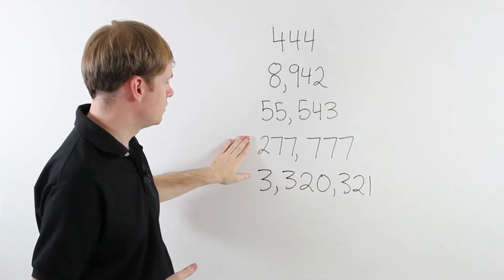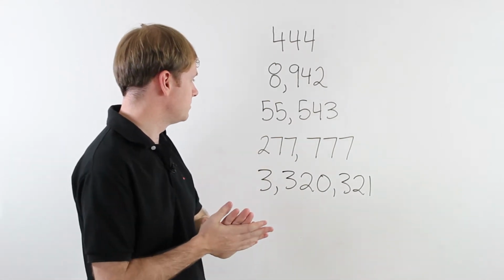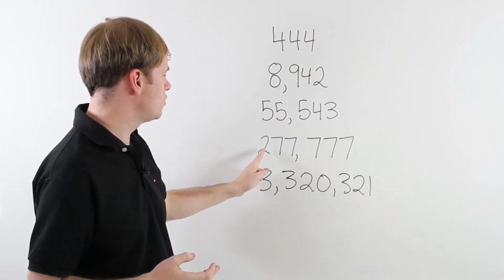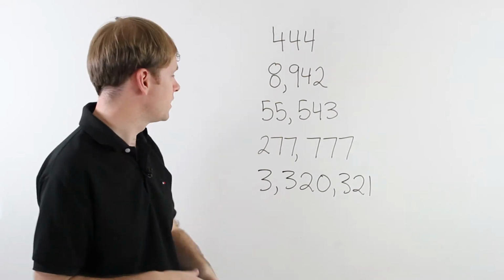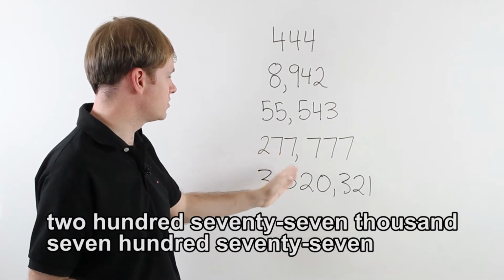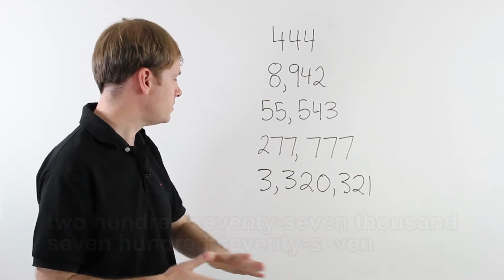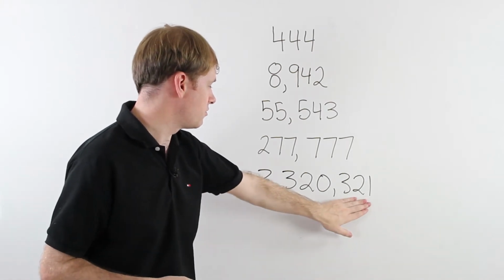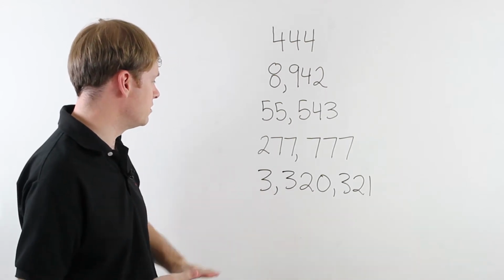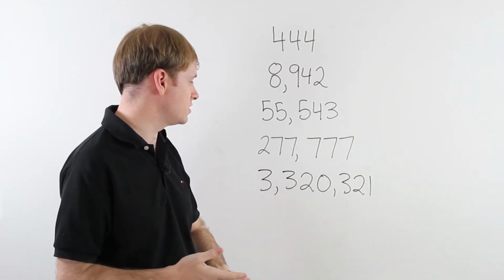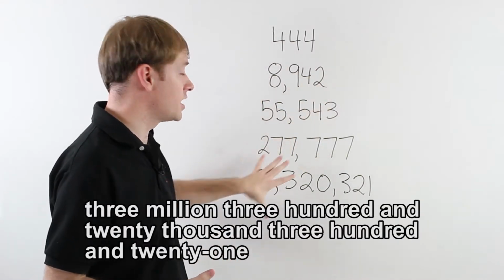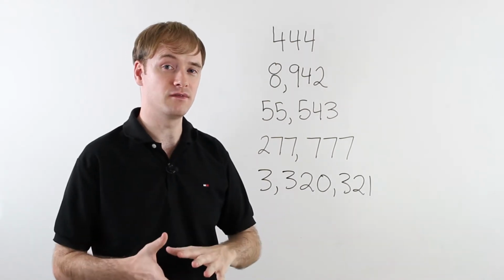Bigger number, lots of 7s, but don't be scared of all these 7s. So again, it's just 1,000. So 277,777. All right, and let's go to the millions. 3, 3. I know this is a million because it has 2 commas. So 3,320,321. All right. So if you can understand how to say these 5, you're ready for the test.